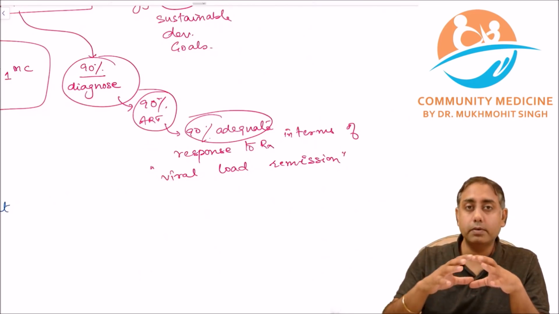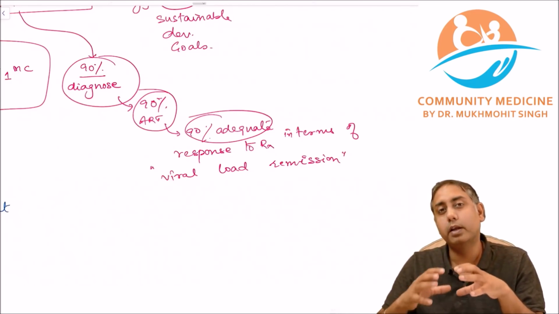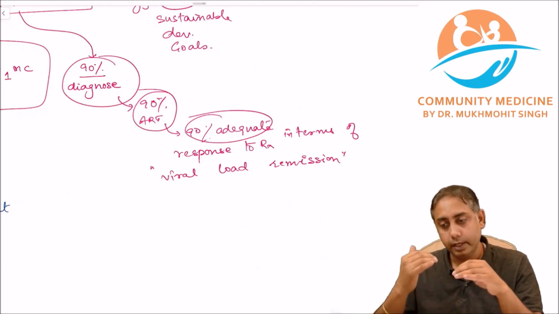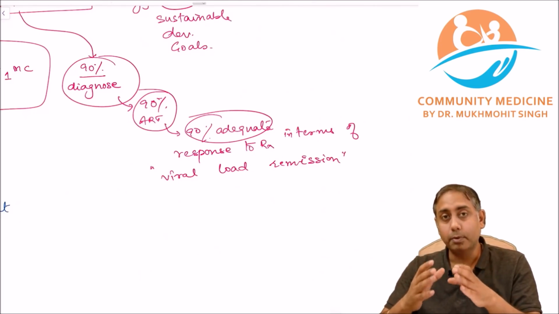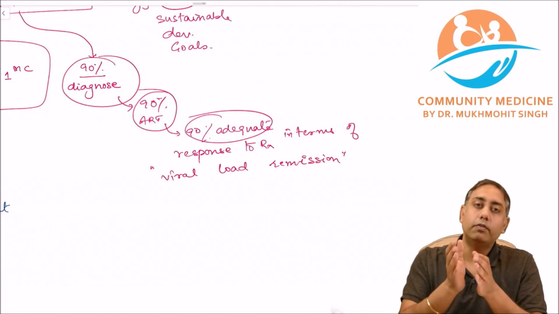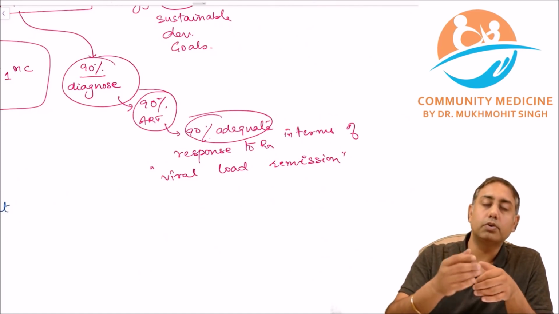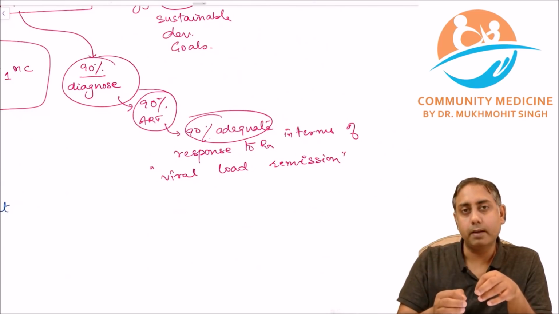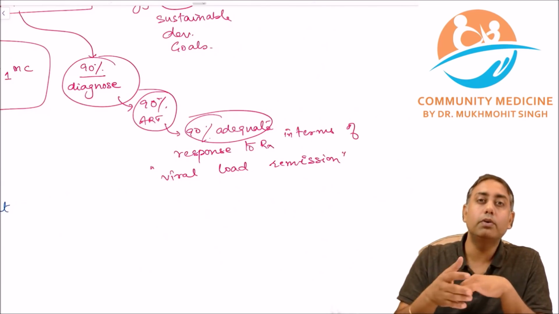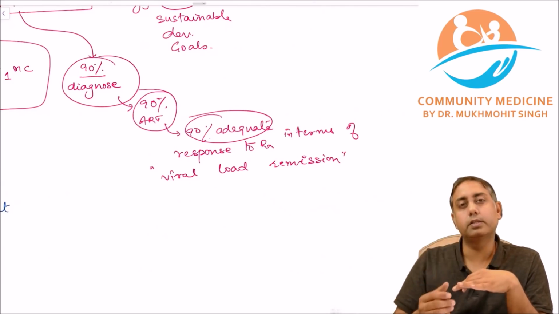That means you should have a system to check for viral load remission in every state, in every district. For progression of disease, or in other words the response to ART, it is best assessed by, options are CD4 count or viral load. You will answer viral load.